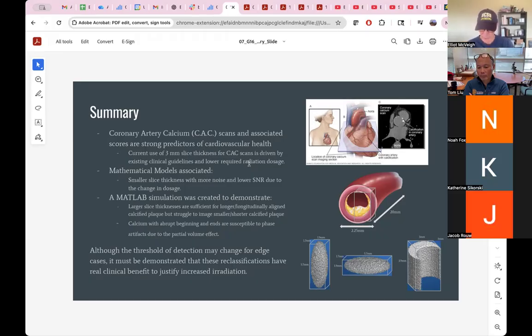Terrific. Okay, so one would conclude then that if you're looking at the entire range of Agatston score, whether or not you use a thin slice or thick slice, it doesn't really matter, because over that entire range the size of the calcium is fairly large in most of those Agatston categories, right? That is true.